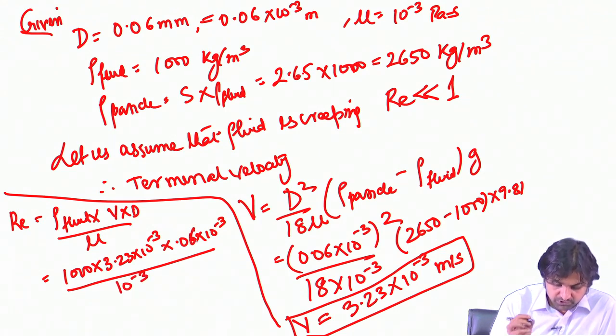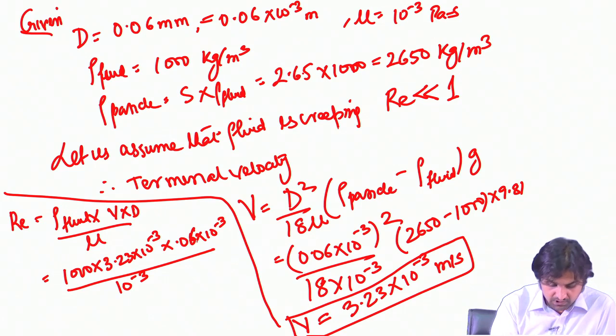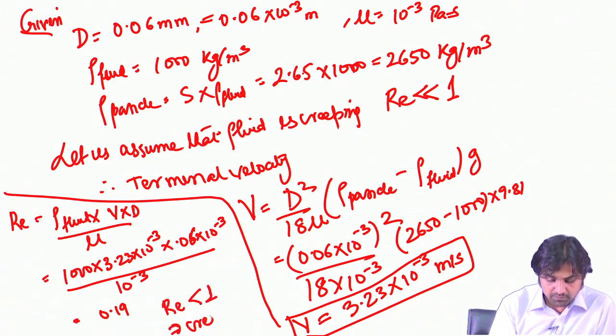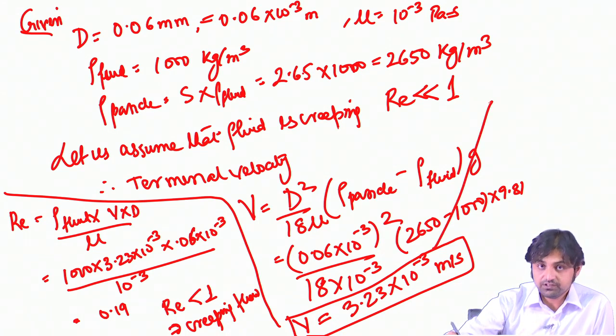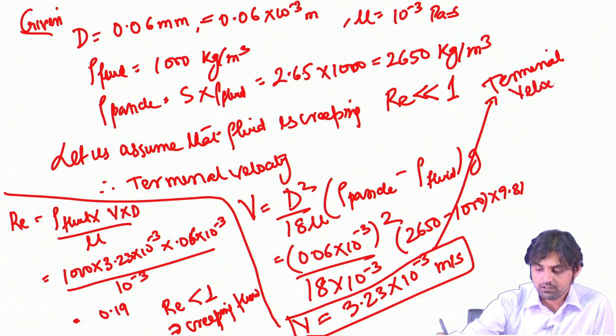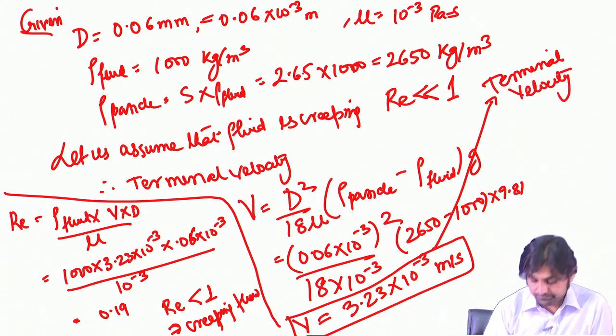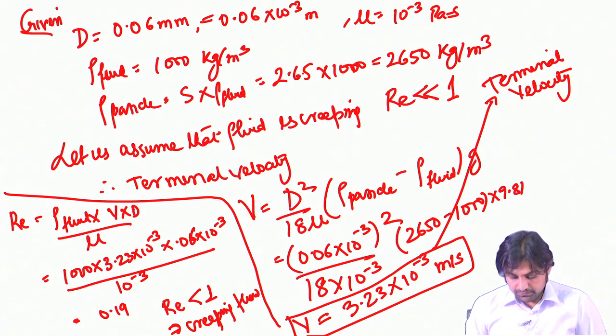So this comes approximately to 0.19. So our Reynolds number is less than 1, therefore it is creeping flow. So this is the terminal velocity. All right, good.